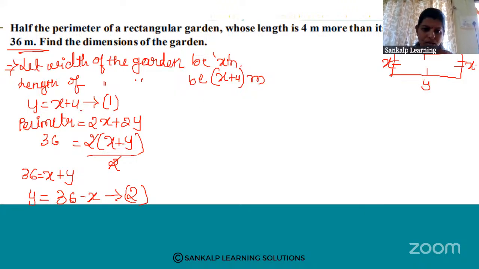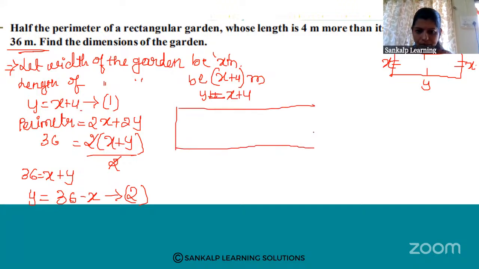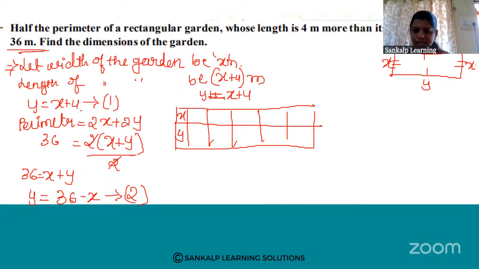So the first equation is y is equal to x plus 4. If I take one table, this is for x and this is y. If I substitute x is equal to 0, what will I get? 0 plus 4 is 4. The y value is 4.